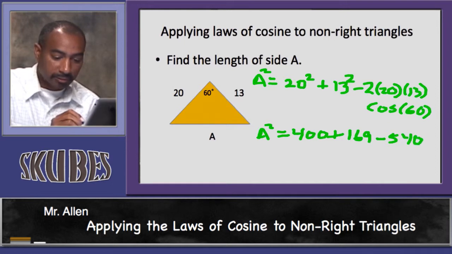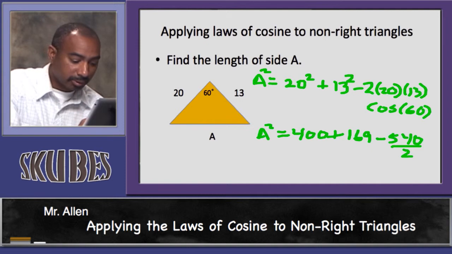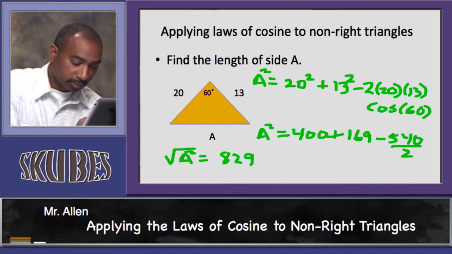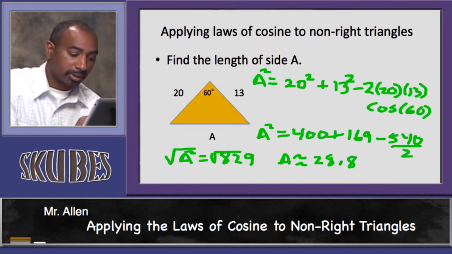But the cosine of 60 is 1/2, so you divide this by 2. When you simplify, a squared equals 829. Take the square root of both sides, and a is approximately 28.8, or you could say 29.